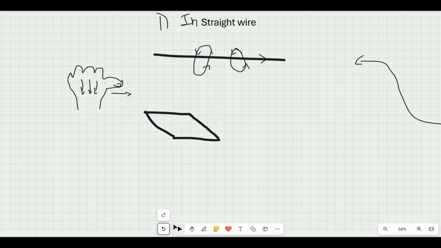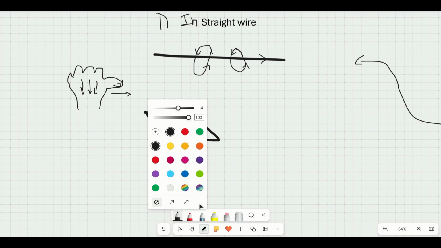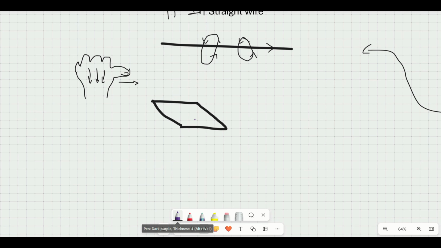So first we will take a cardboard, and on that cardboard we will draw, let's take the color purple to draw the wire. This is a wire which is pierced through the cardboard.